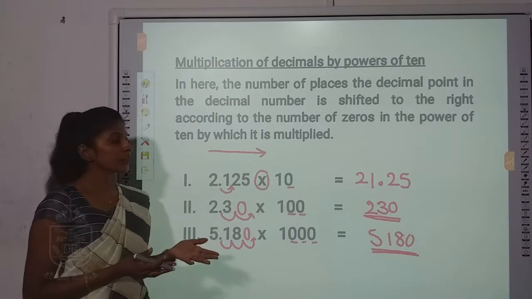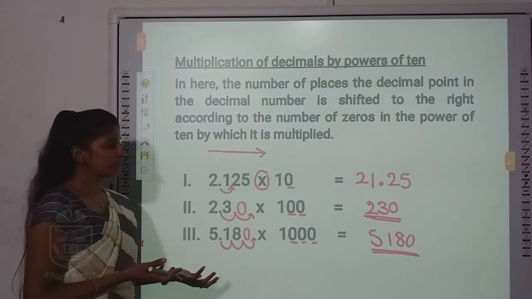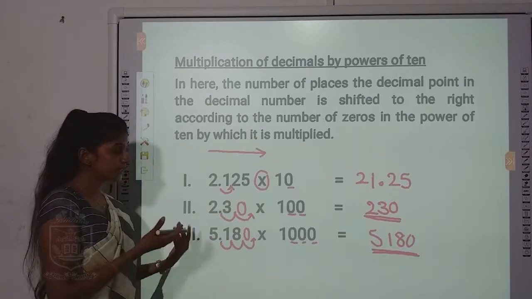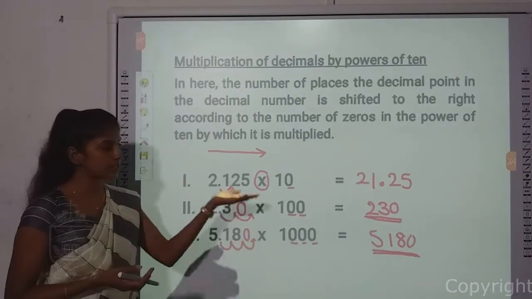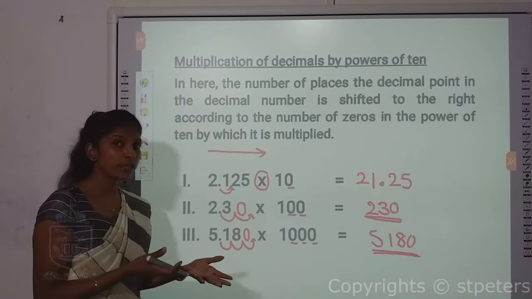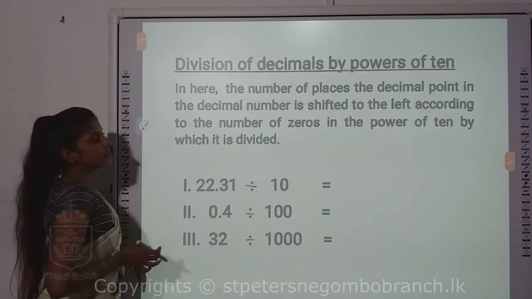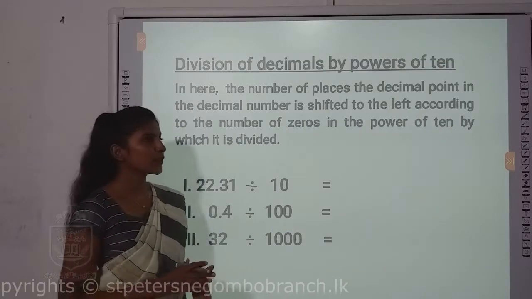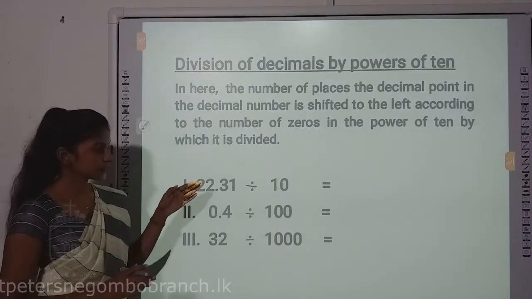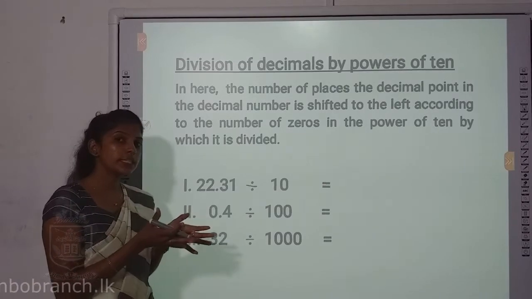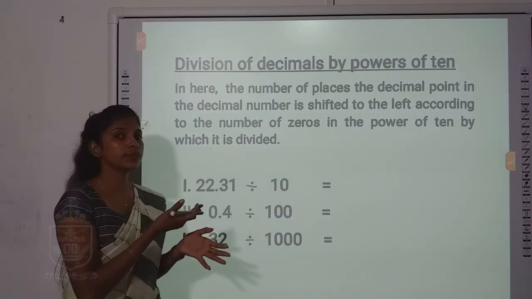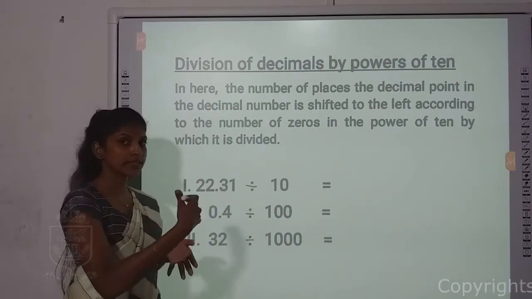So let's see the division of decimal numbers by powers of 10. This was multiplication. Now we are moving to the division part. So let's see how we can get the answers for those types. In division, the previous one, if it is multiplication, we move the decimal point to the right side.